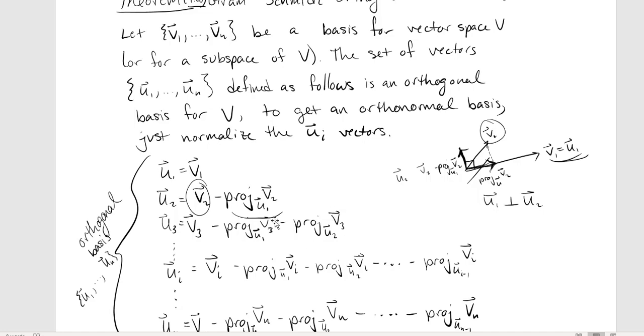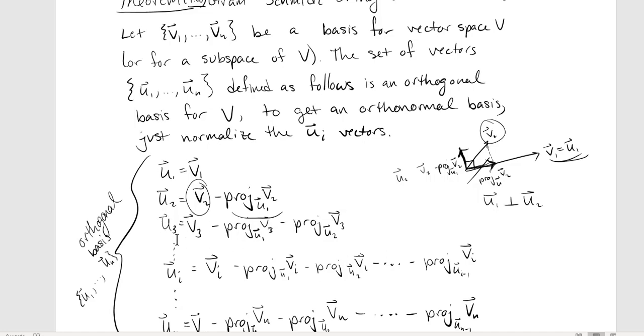Well, so then for vector V3, or for our third vector in our orthogonal basis, we'll take vector V3 and subtract out how much of that is in the U1 and U2 directions already. Just like to get U2, we subtracted out of V2 the amount of it that already sat in the direction of U1, covered by the first vector. Get rid of all that is in the direction of this previous vector, and you'll have something remaining that's orthogonal to that vector.